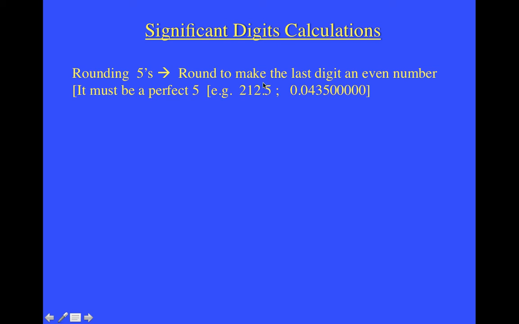And so we are going to say, hey, we got to keep that at 212. And if we were rounding at this point, so let me just put these things in here. So that's going to be 212. Let's say I'm rounding here. Well, I got to make this digit even, so the 5 rounds that up to a 4, so it'll be 0.044. So there we are. So 43.35 becomes 43.4.